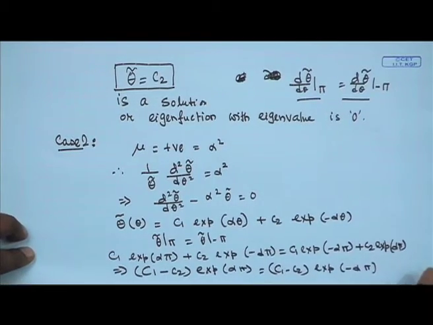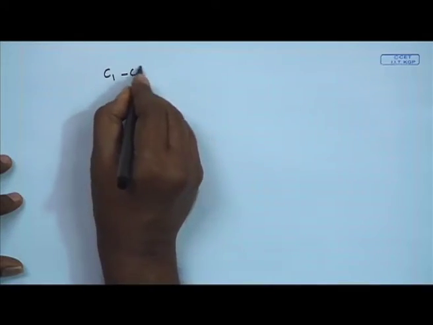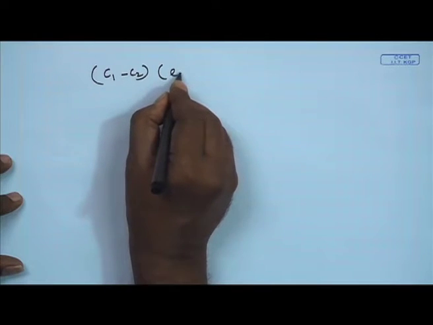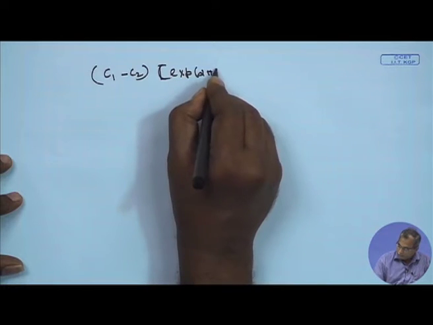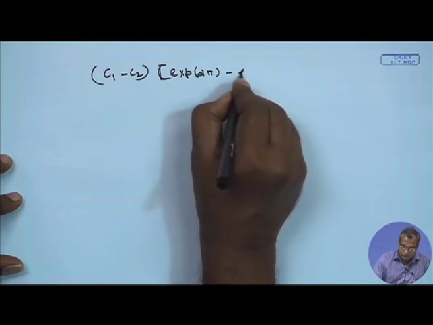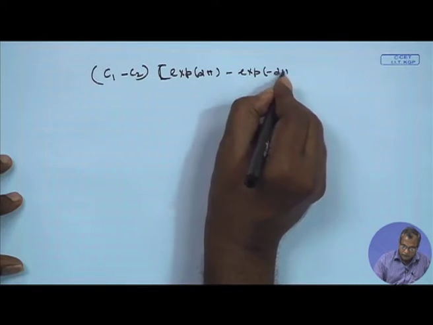So if we take C1 minus C2 to the other side, we will be having (C1 minus C2) times (exponential απ minus exponential minus απ).